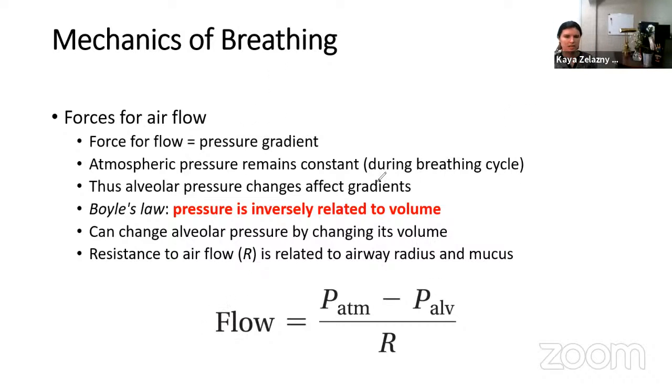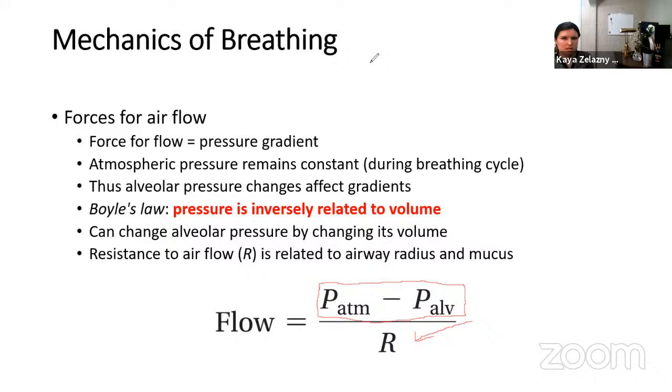We have flow equivalent to a pressure difference. In this case, our pressure difference is the atmospheric pressure minus the alveolar pressure, right? Before we had our pressure of arteries versus pressure in veins. Now we have our pressure of the atmosphere versus pressure in the alveoli. And we can see that our resistance will also eventually come into play here as well to determine flow.